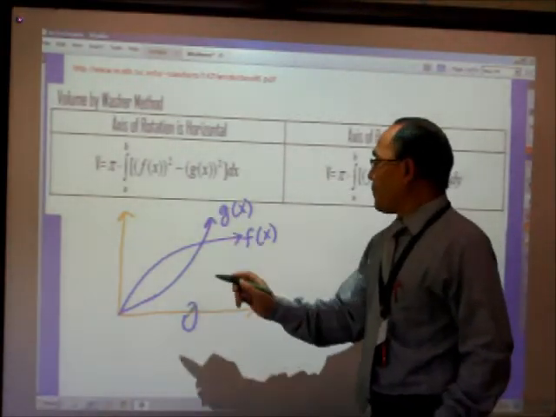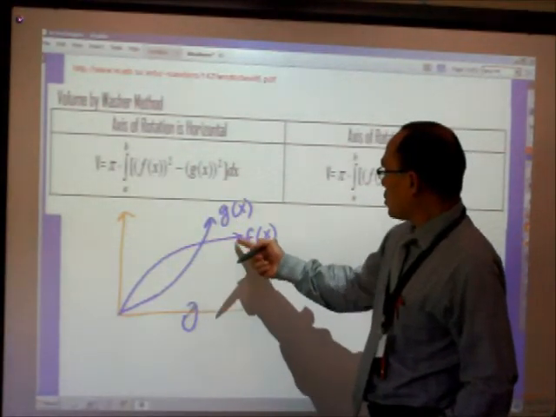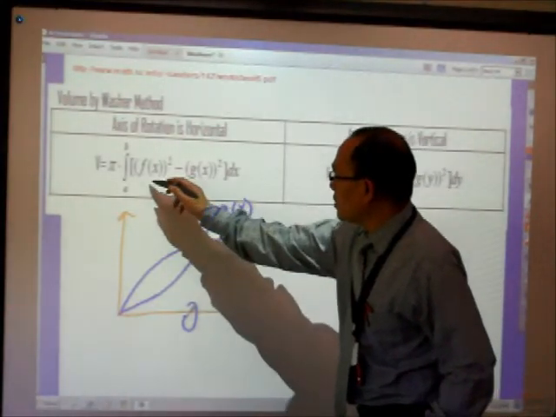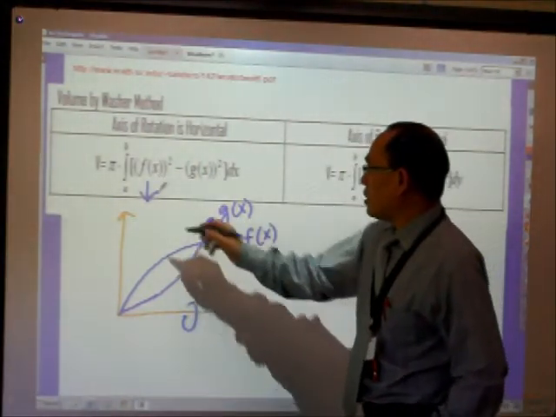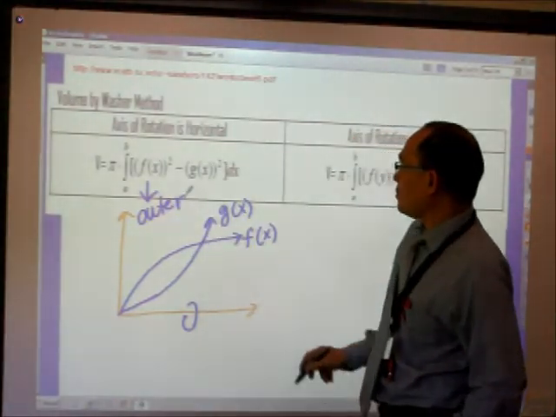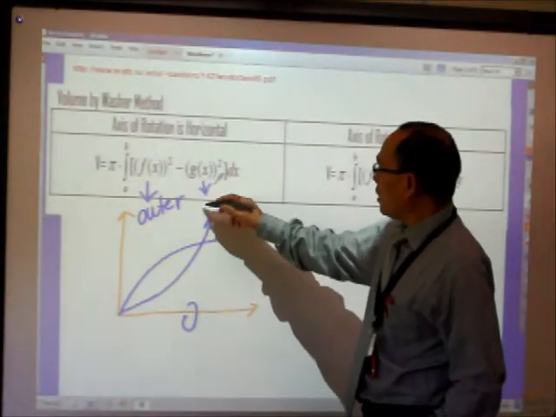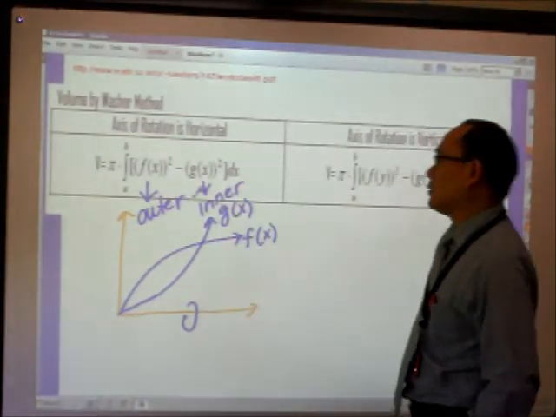Actually, if you look at these representations here, the g of x and the f of x, we can say that this one here, we call it the outer function, and the second one here, we call it the inner function.